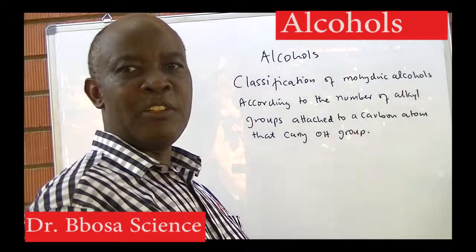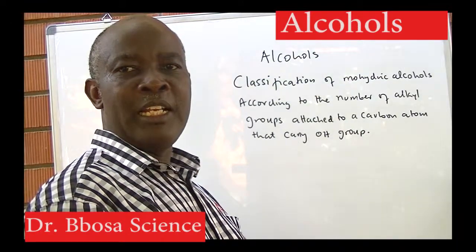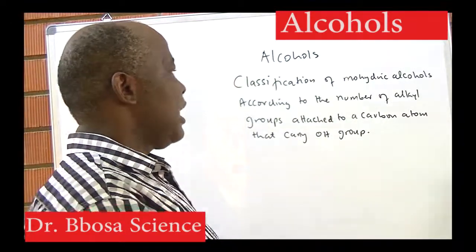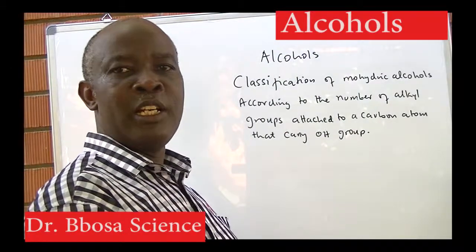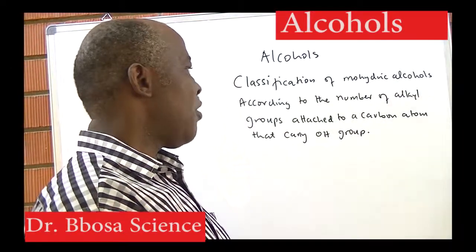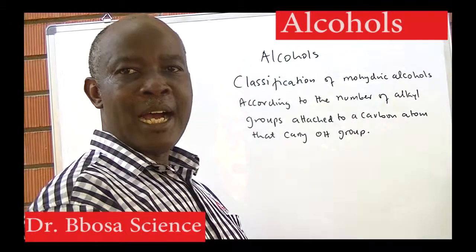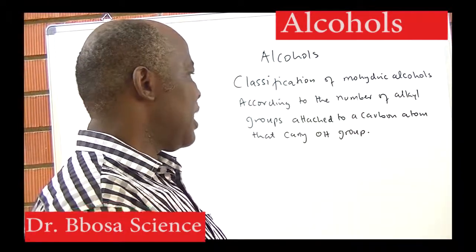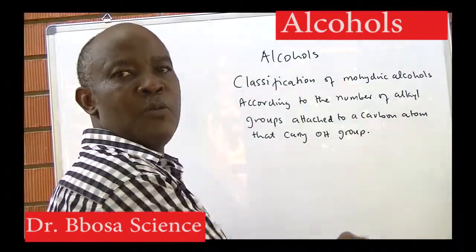We have already seen this one when we studied the alkenes. They are classified according to the number of alkyl groups attached to a carbon atom that carries the OH group.